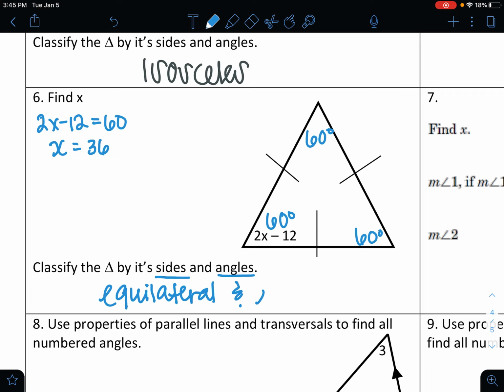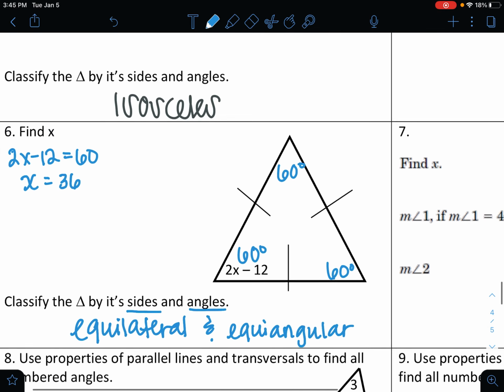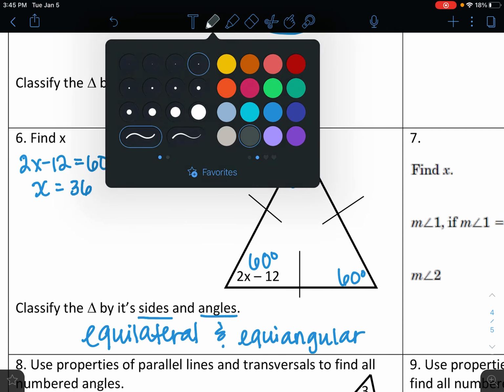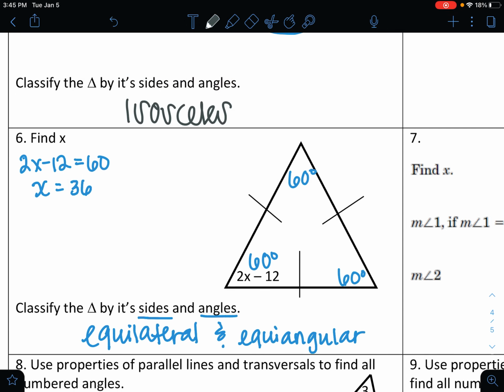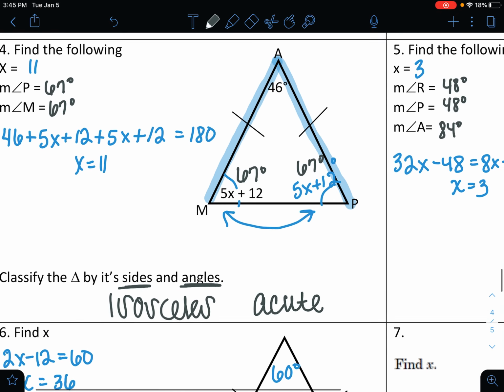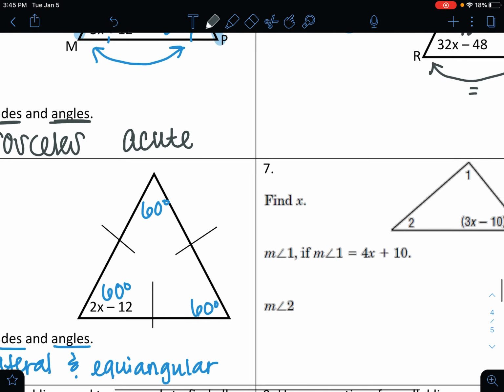And then if we label it by its angles, that would be equiangular. Okay, oops, and I forgot to do that for the previous one. I am so sorry. So for number 4, this is isosceles because of its sides, but because of its angles, it is acute because none of the angles were greater than 90 degrees. I'm so sorry, I forgot to do that.